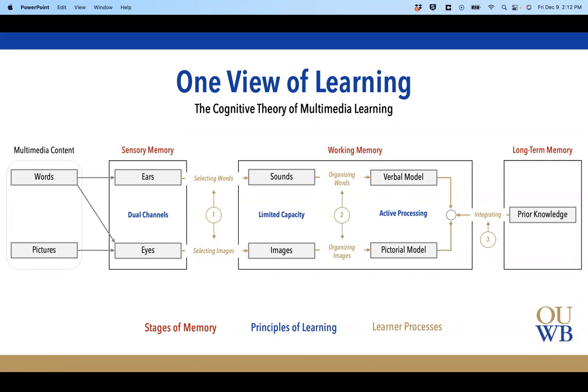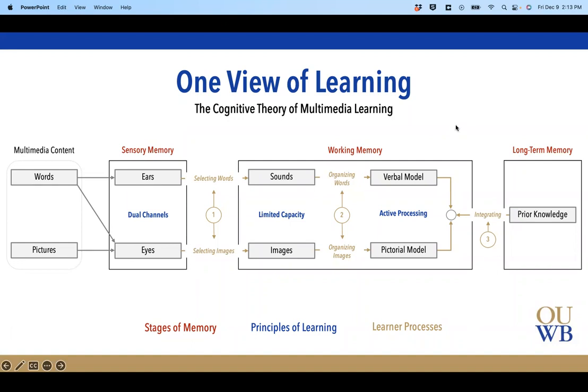But by and large, once information is in long-term memory, learners are able to recall that information at a later date as needed. Of course, there can be circumstances where life affects that, amnesia, trauma, etc. But by and large, we want to get information into long-term memory because once it's there, learners can retain it and bring it back as needed.